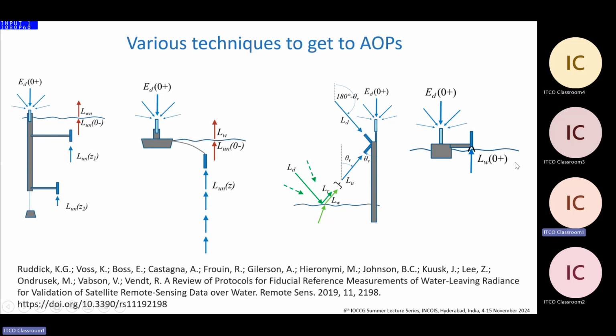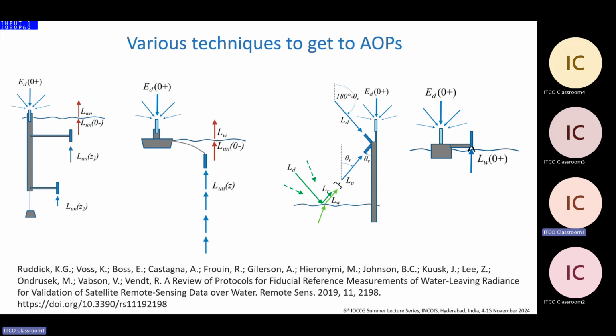And this last one on the right side is a slightly different technique, which has not been very widely used, but it's quite interesting. It's called the sky-blocked approach. The idea is again to measure from above the surface, but very close to the surface. With this little cone, which is supposed to block the skylight, you don't have the reflection of the skylight.